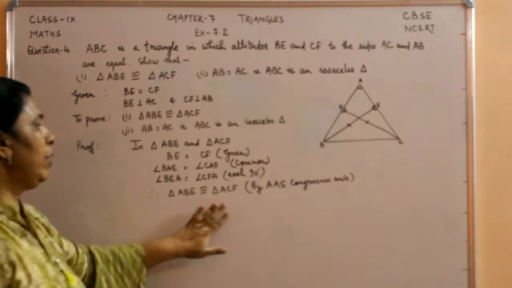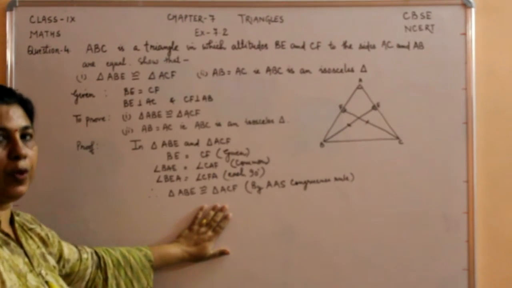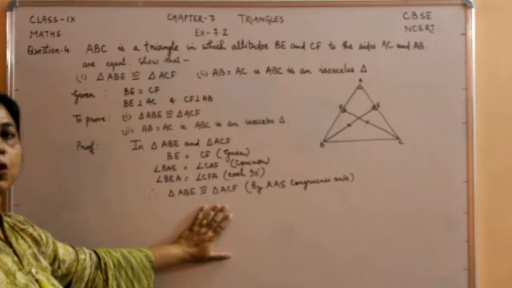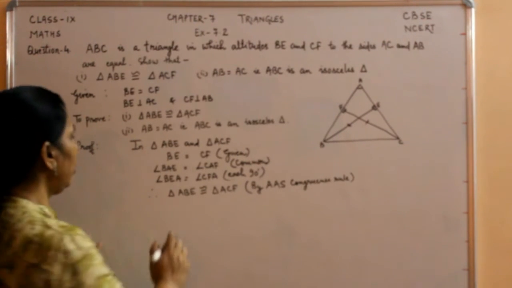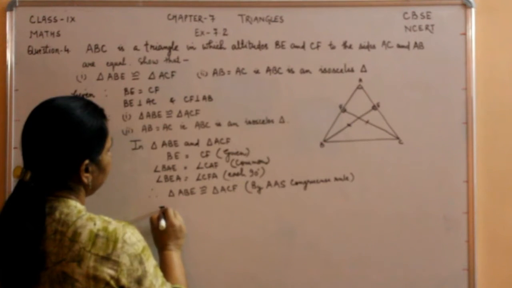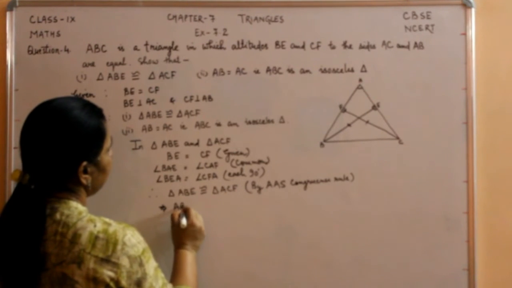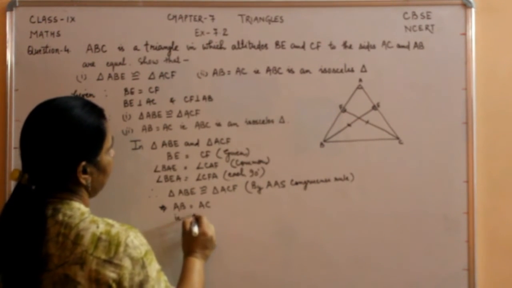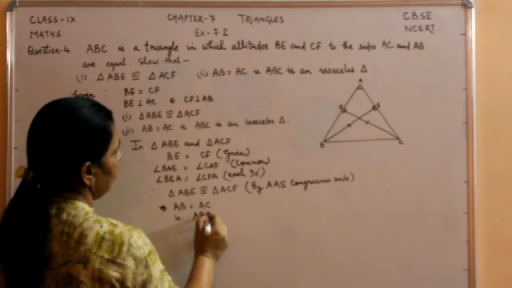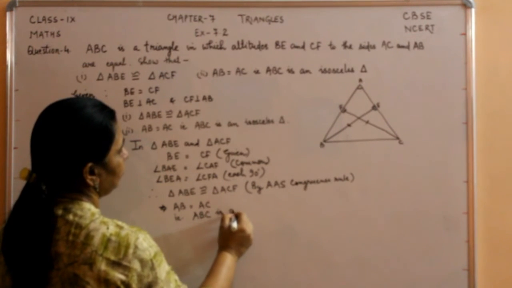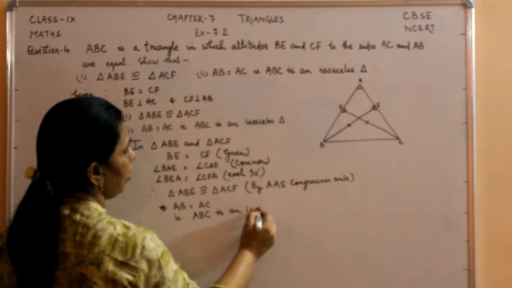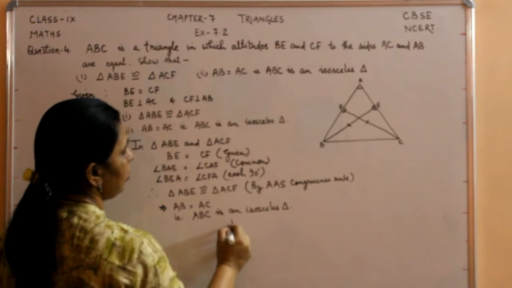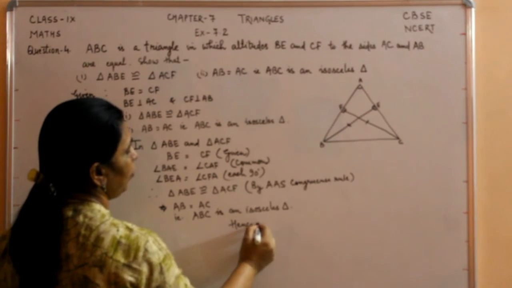When these two triangles are proved congruent, each corresponding element is also equal. So this implies AB is equal to AC, that is, ABC is an isosceles triangle. Hence proved.